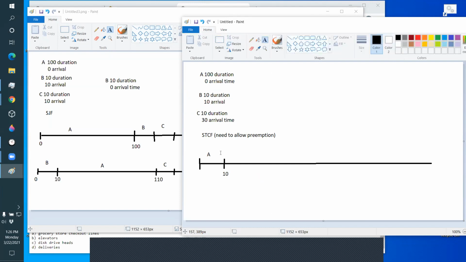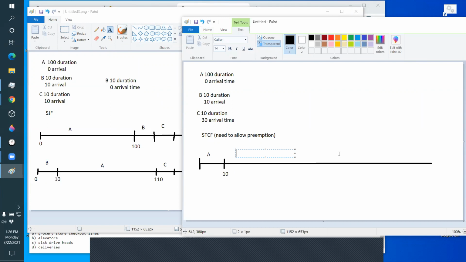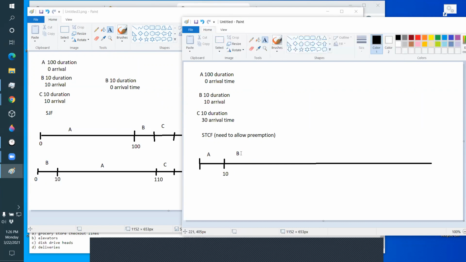At time 10, A has 90 seconds of work left. B has 10 seconds of work to do. So B has the shorter time to completion, which means we should switch to B. So we switch to B, and B will run until time 20.